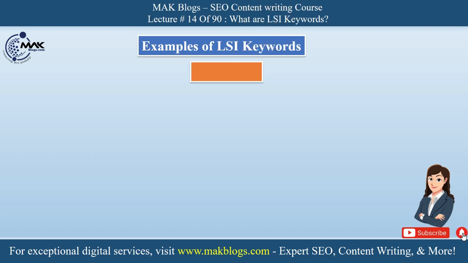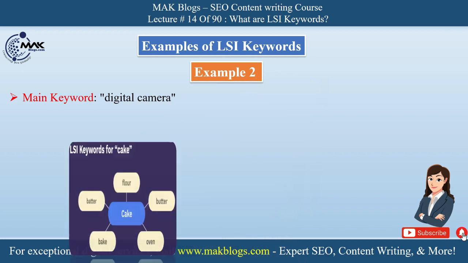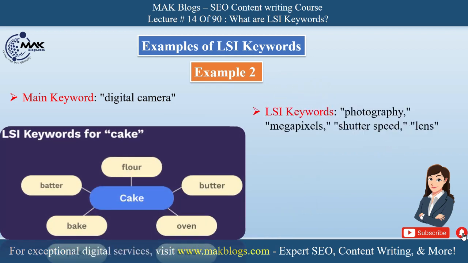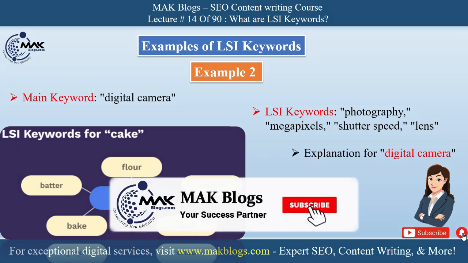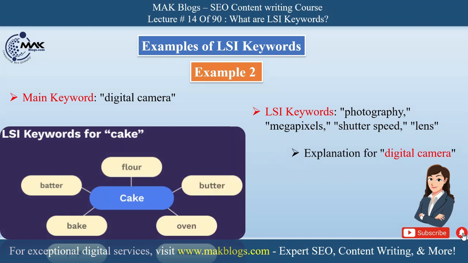Now, example 2. Here the main keyword is digital camera and the LSI keywords are photography, megapixels, shutter speeds and lens. If your main keyword is digital camera, LSI keywords such as photography emphasize the broader subject of photography involving cameras.